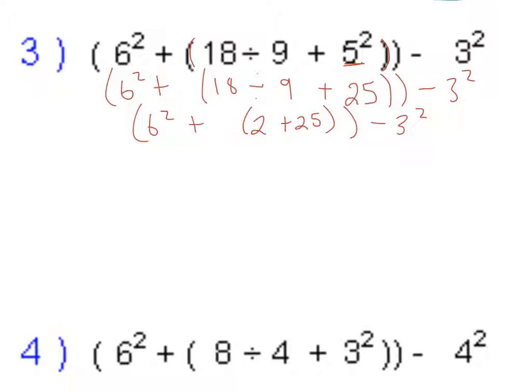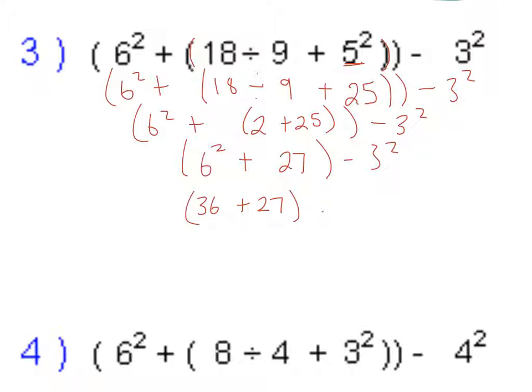Okay, inside the parentheses still, I'm going to get 27. Parentheses go away because I have a number. And 3 squared. So I have parentheses still, and I'm going to focus on the exponent. That's what I would do first. I get 36 plus 27.